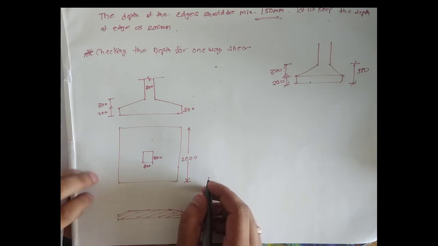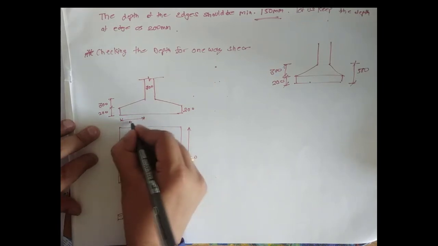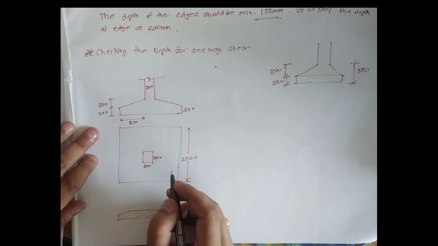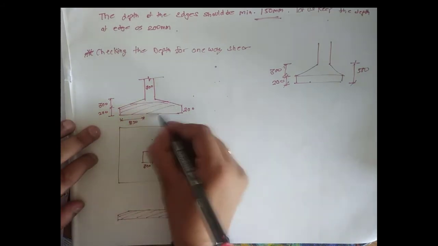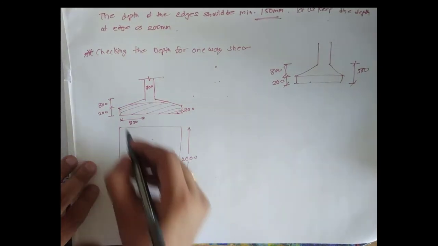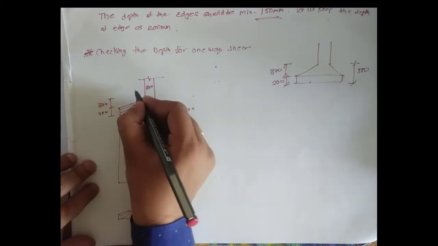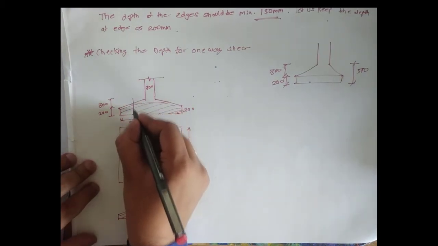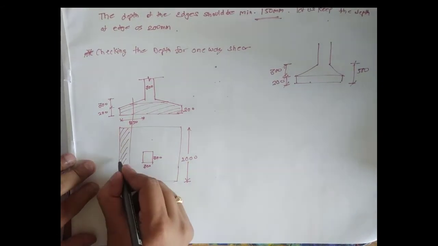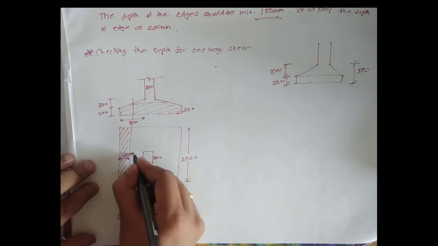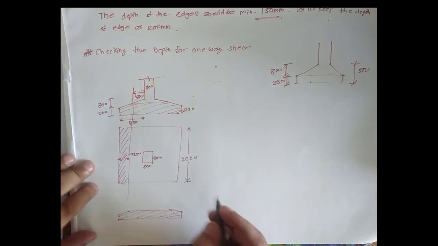We know that it is 850, the shaded portion. As far as the critical section is concerned, it is 850 and it is 350 here, so it will be 500.